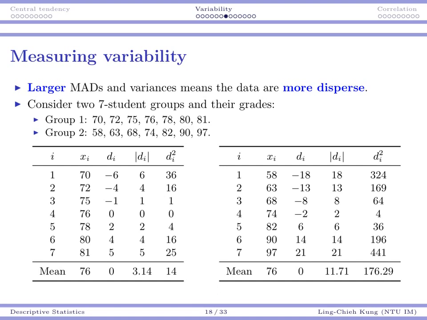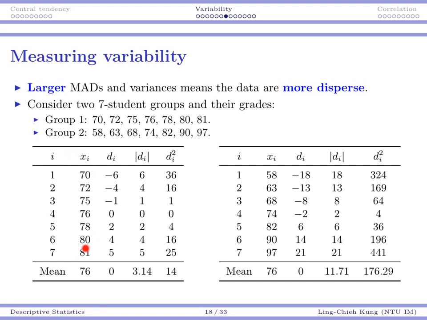Okay, so let's think about the following example. Suppose we have two 7-student groups, and all the students take one specific exam. For group 1, the exam scores are 70, 72, 75, up to 81. For group 2, it's 58, 63, and so on, up to 97. So we have two groups of grades.